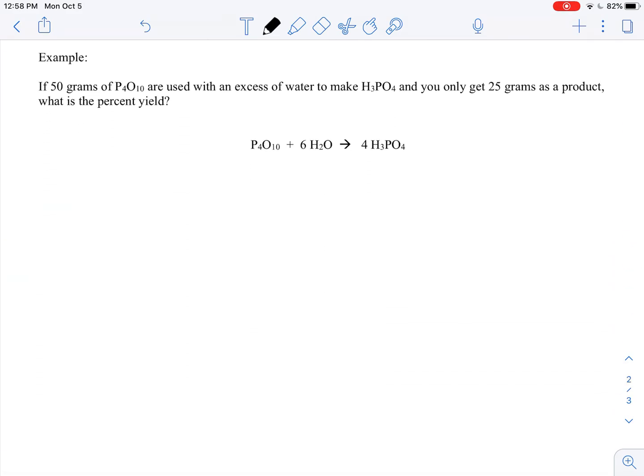Let's try another one. I have my real world, and then I have my mole world down here. It says I have 50 grams of this, and I only get 25 grams of this over here. So again, that's what I did get. So I can go ahead and plug that into my equation right down here.